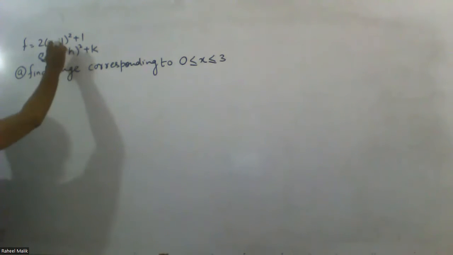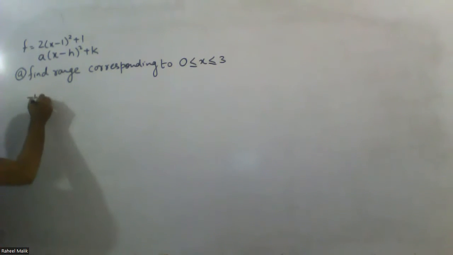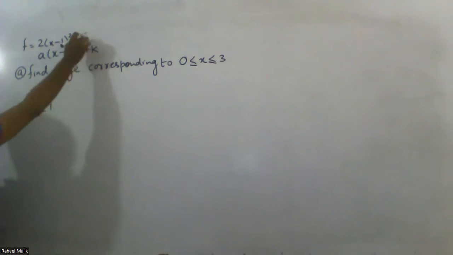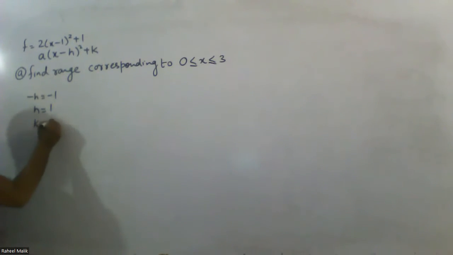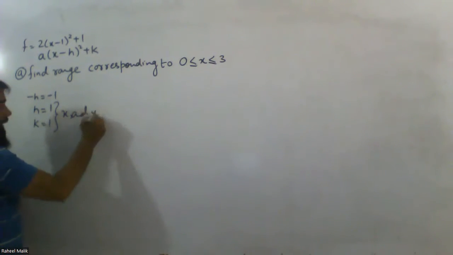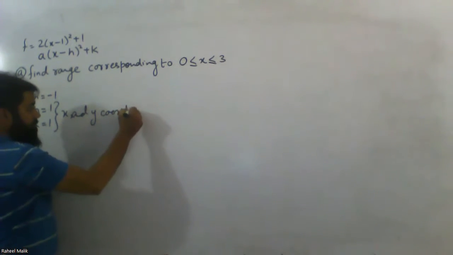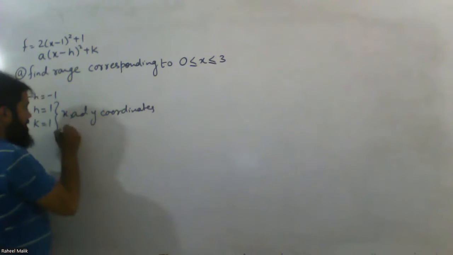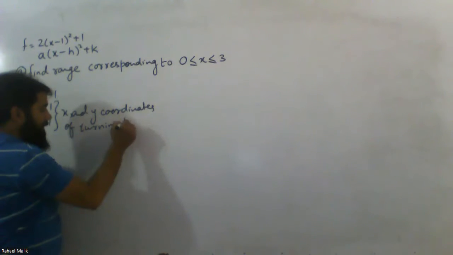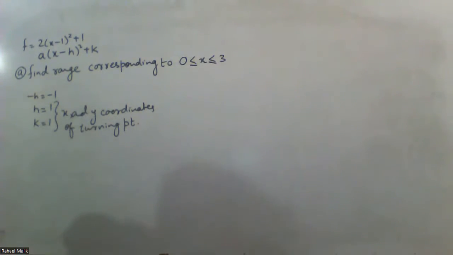If I do the comparison, minus h will be equals to minus 1, which means h equals to 1, and k equals to 1. These h and k are the x and y coordinates of the turning point.